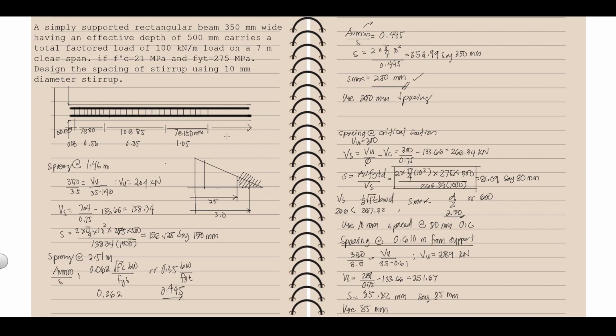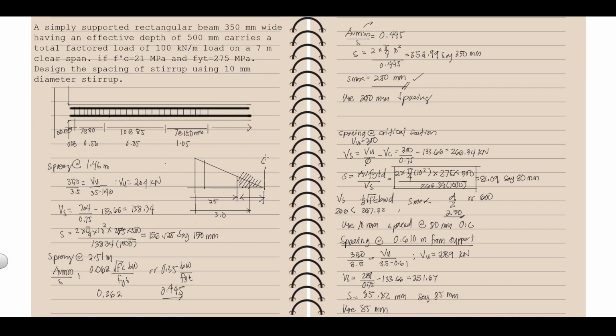So, yung natitirang length na ginagawa natin is, okay, doon natin ilalagay yung 250 mm spacing. All throughout this left na or natitira pang length of our beam. Okay? Or yung from the center line.